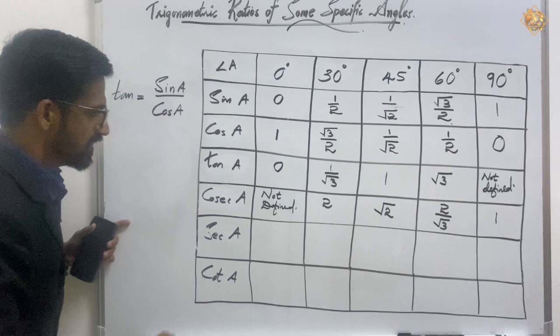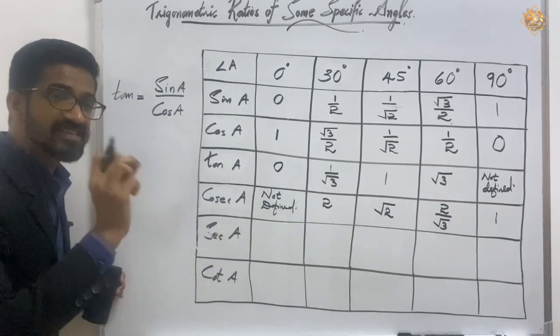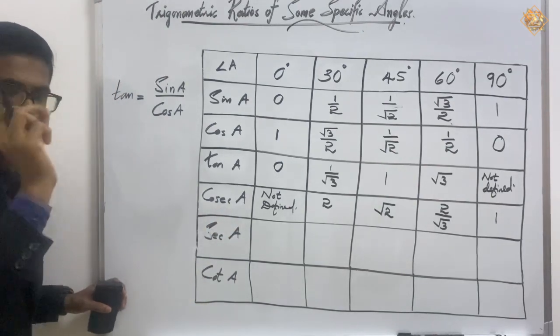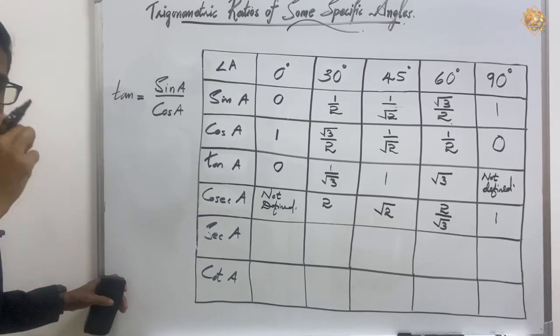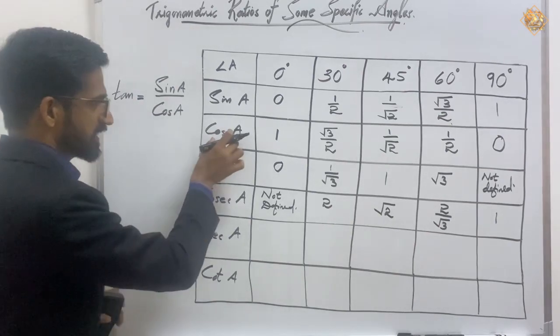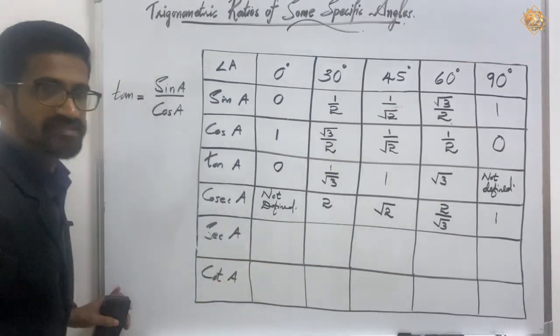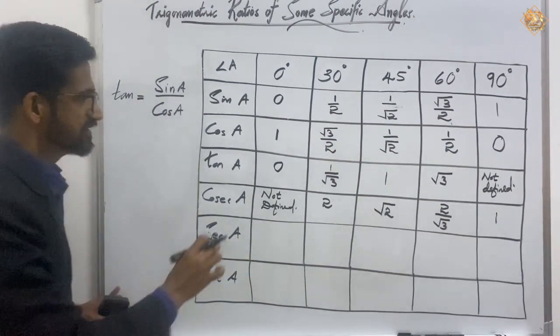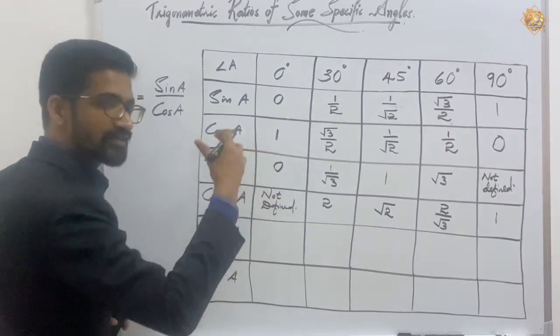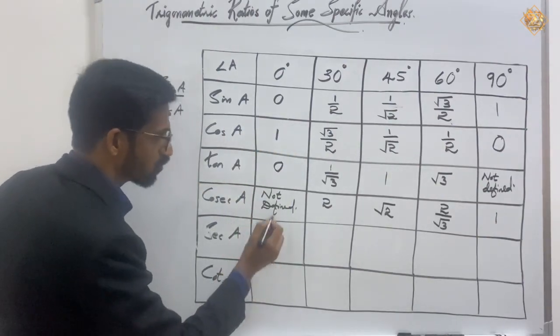Hope it is clear. Now similarly, sec A. Sec is the inverse function of cos A, isn't it? So taking the reciprocal of all the values of cos, we will get all the values of sec for these specific angles. So sec A: reciprocal of 1 is 1 by 1, that is 1.